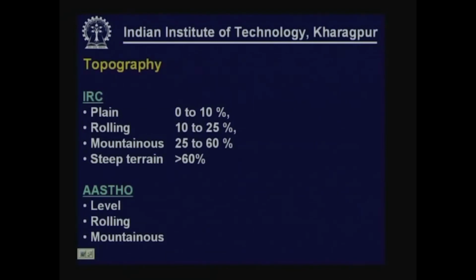There are other ways also available for classifying terrain. Another possible alternative, which is also followed in India, is classification of terrain based on average rise and fall and average curvature along the length of the road.